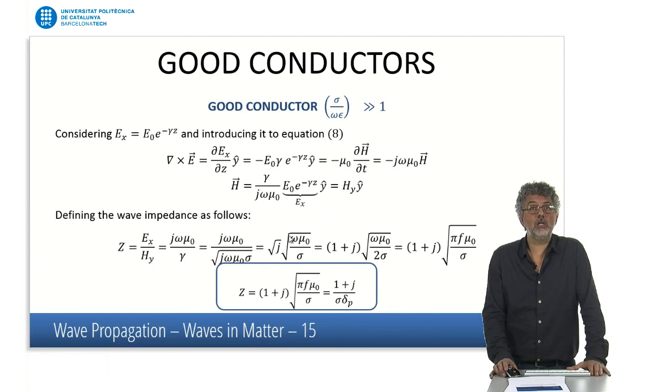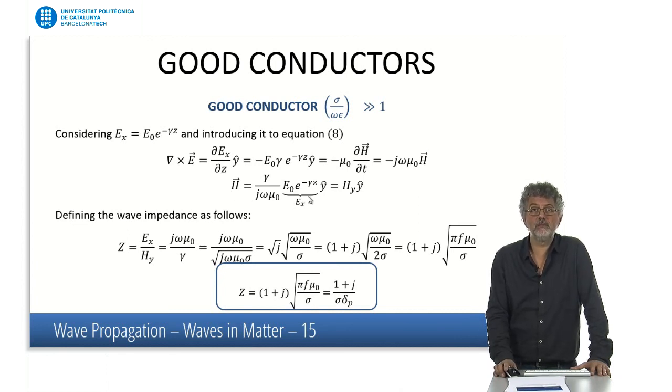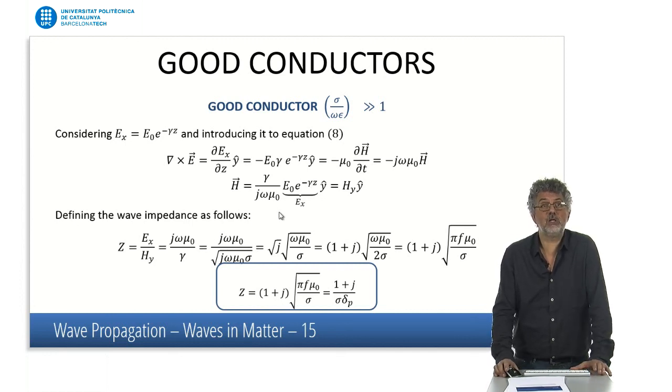Also, in a good conductor, since the electric field and the magnetic field are related, we already have the solution for the electric field, so now we can solve for the magnetic field, and we realize that the magnetic field is related to the electric field, and between them there is one difference, which is a constant.